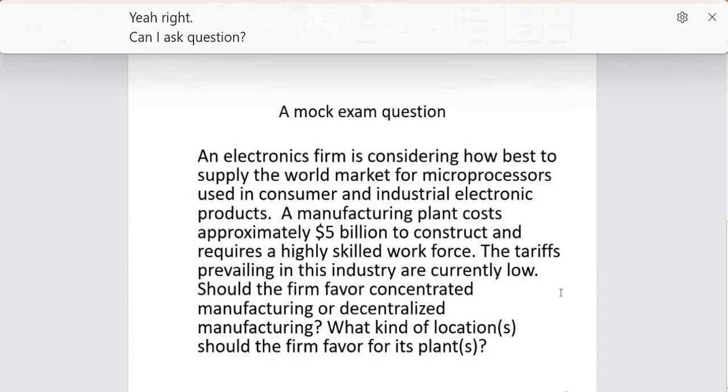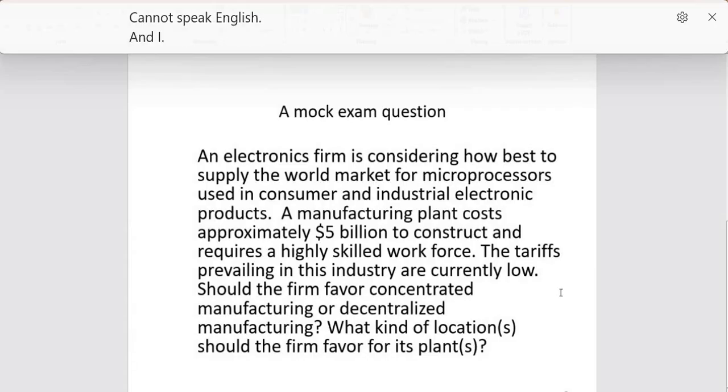Can I ask a question? Will you allow students to use a translator? What do you mean by translator? Okay, because half my class cannot speak English.